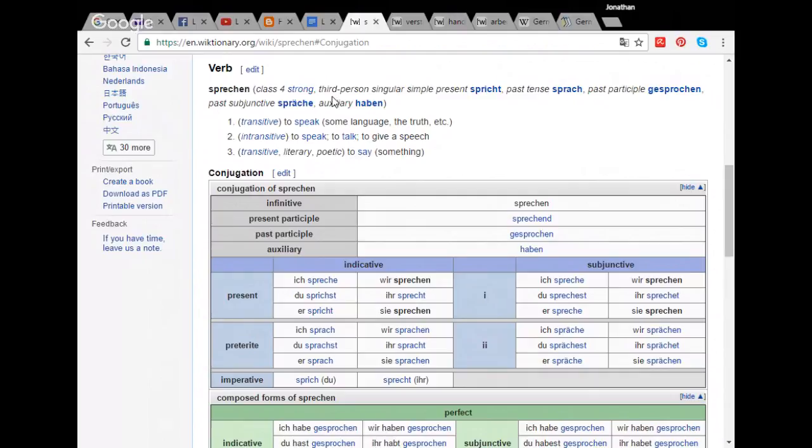So if you can know these forms of sprechen, spricht, sprach, and gesprochen, these would be typically what you would want to memorize if you're going to learn these verbs and put them in your notebook. You would want to look at this third person singular for the present simple, past, and the past participle.